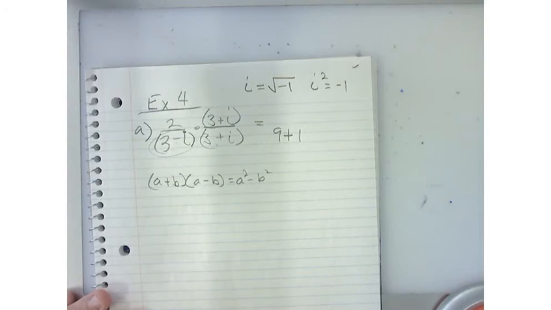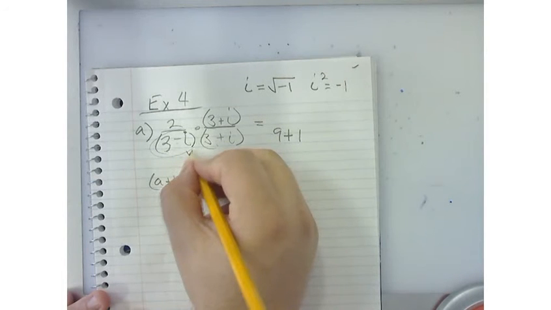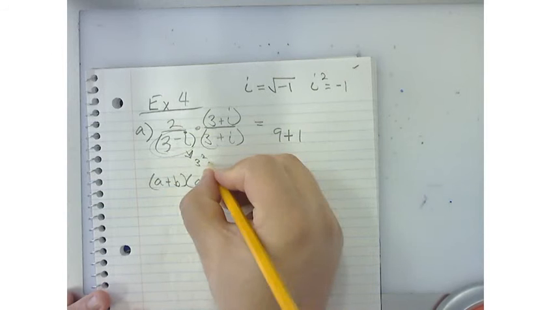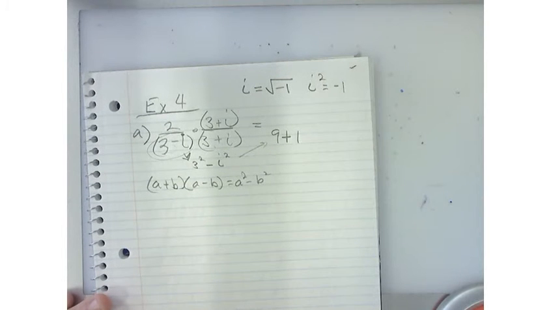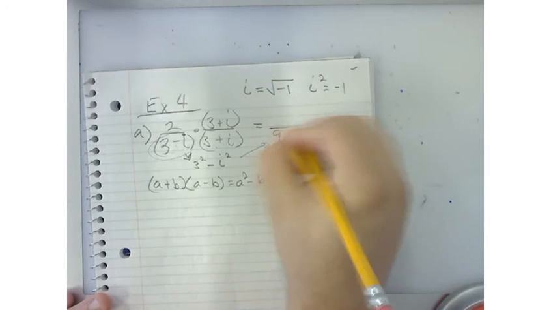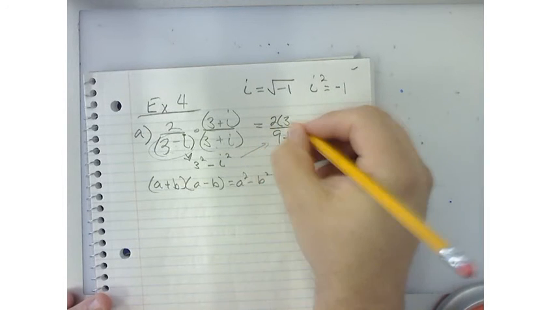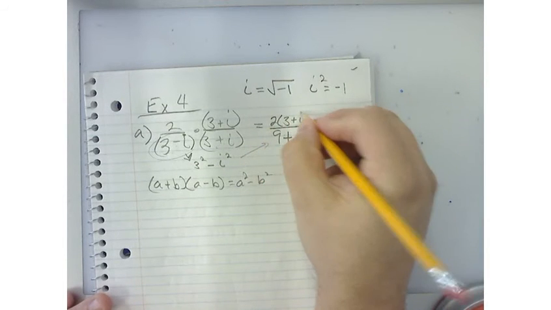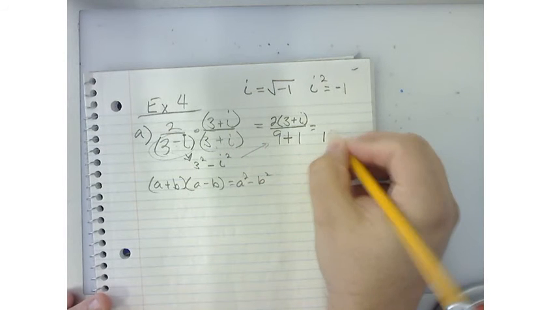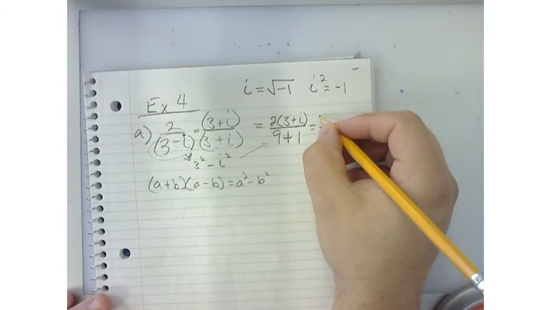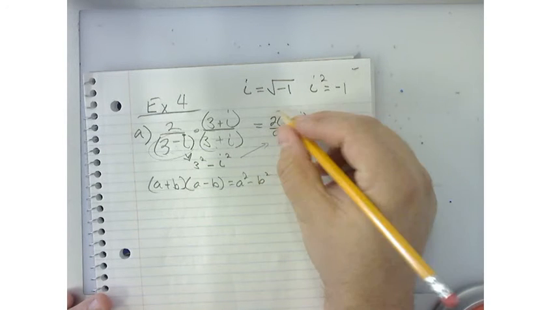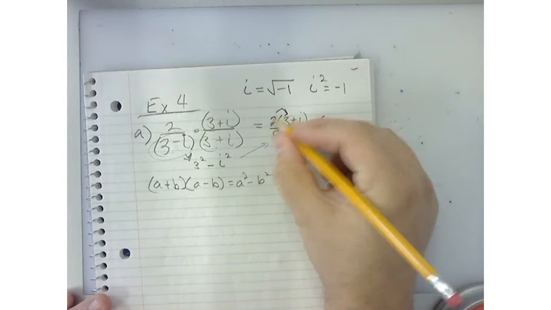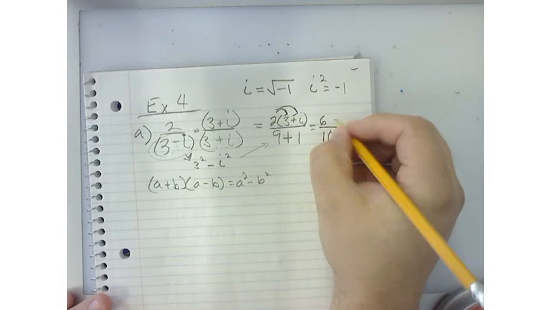So 3 squared minus i squared becomes 9 plus 1. On the top, I've got 2 times the quantity 3 plus i. On the bottom I'm going to have 10. On the top I'm going to have 2 times 3, which is 6, and then if I push the 2 through to the imaginary part, I've got 2i.